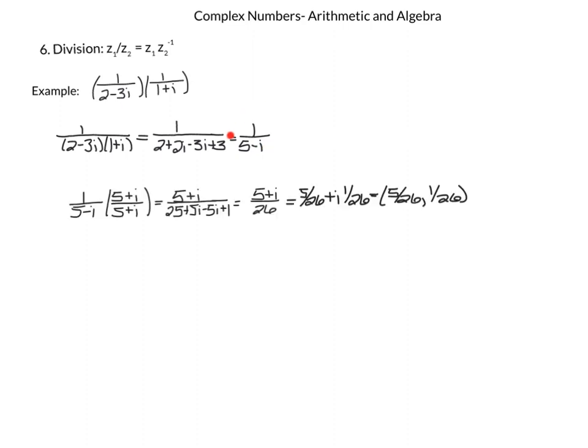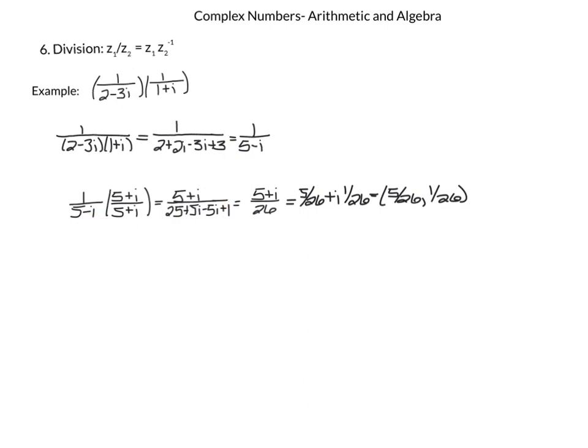And just because sometimes people don't like to leave the i in the denominator, we can multiply 5 minus i by its complex conjugate on top and bottom, so it's just equal to 1. But again, the complex conjugate is the same complex number, except you switch the sign that separates the real from the imaginary parts. And then multiplying this out, 25 plus 5i minus 5i, so those cancel out, minus i squared, which is just plus 1.